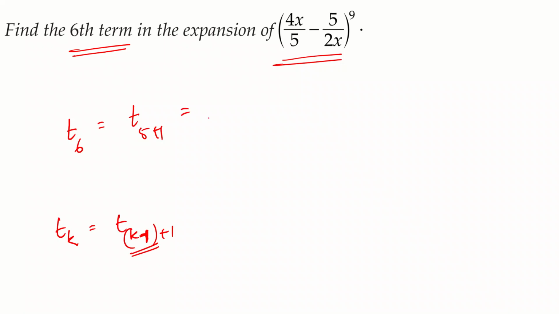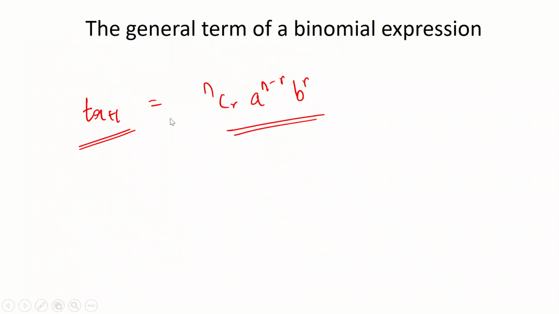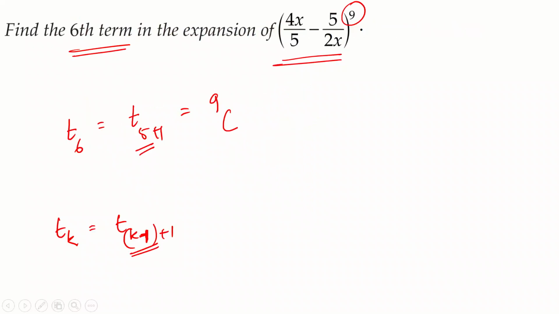Okay, so the formula is nCr, that means n is 6 over here. Sorry, n is 9 over here. I'm so sorry. So this 9 will be at the head of C, and at the leg of the C we will have r, because in T r plus 1, this r goes at the leg of the C. So whatever is here will go at the leg, and then for the power of the first term, x by 5, we will have head minus leg, and for the second term, minus 5 by 2x.